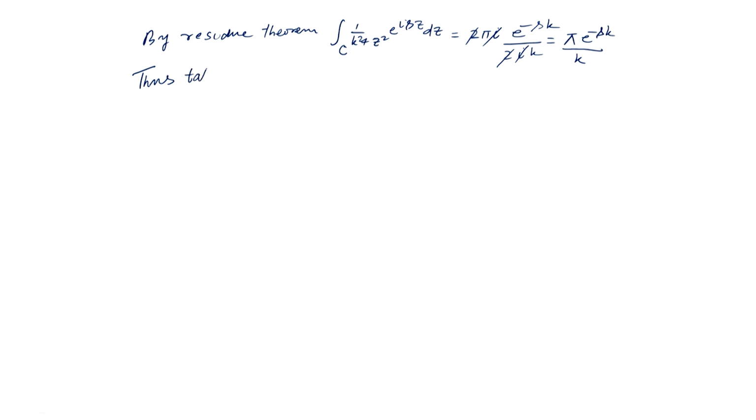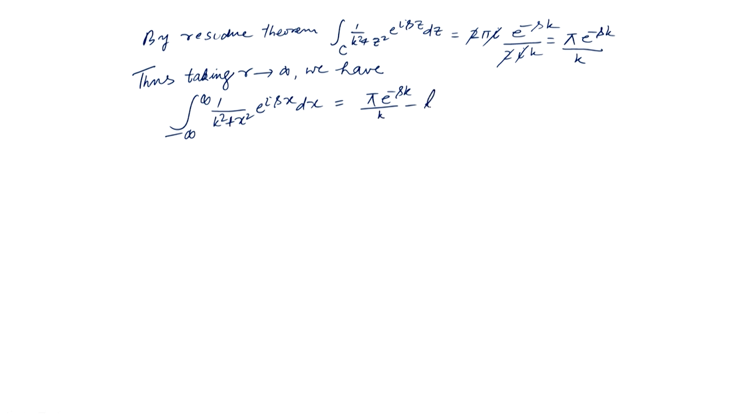Thus, taking r to go to infinity, we have the integral from minus infinity to infinity of 1 over k squared plus x squared e to the power isx dx equal to pi times e to the power minus sk divided by k, minus the limit r tends to infinity of the integral over gamma of e to the power isz over k squared plus z squared dz.